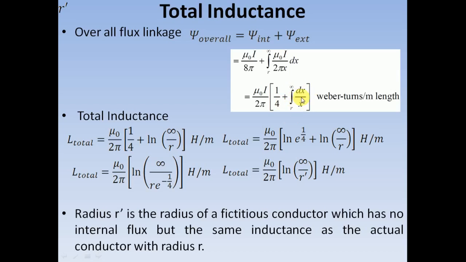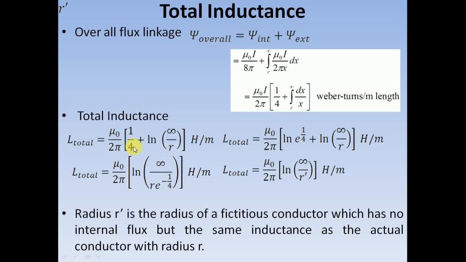Instead of this, we can write the integration value as natural log of infinity by r. So from this relation we can easily find the inductance by dividing with current. Then we get the total inductance as μ0 by 2π into 1 by 4 plus natural log of infinity by r.